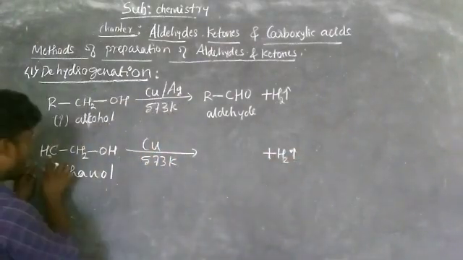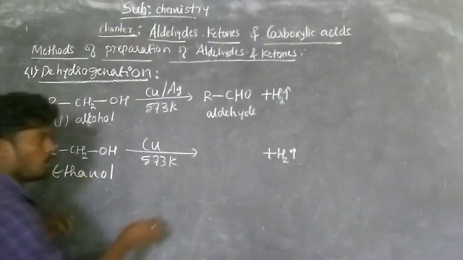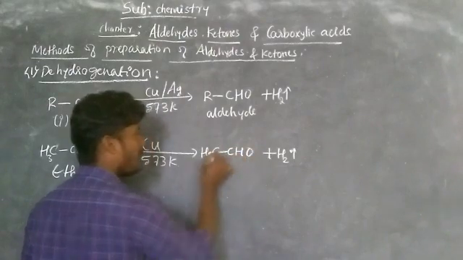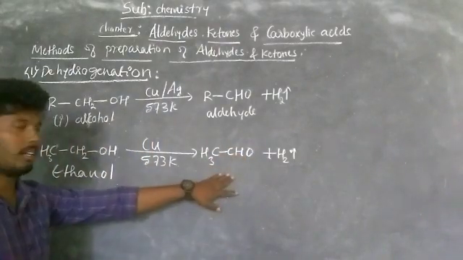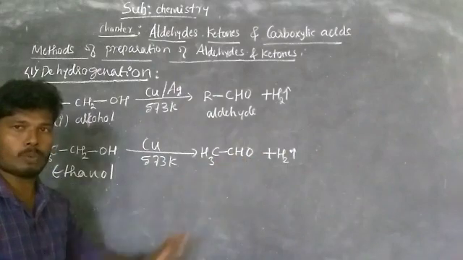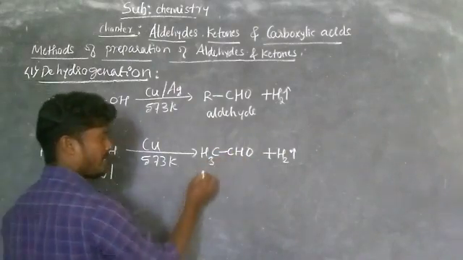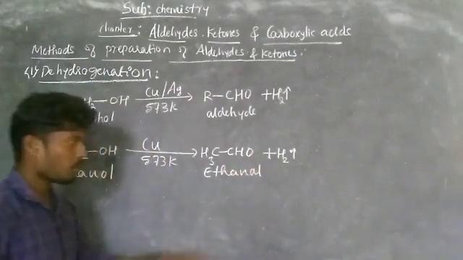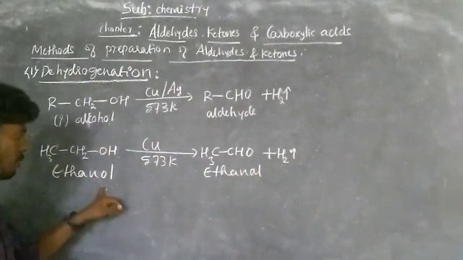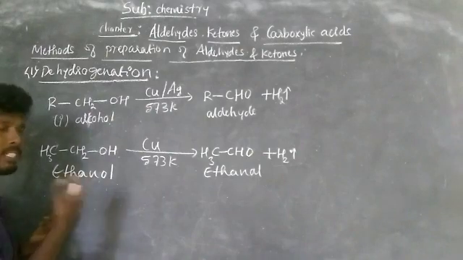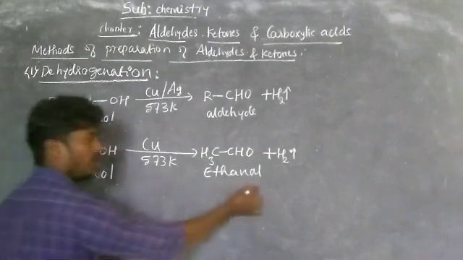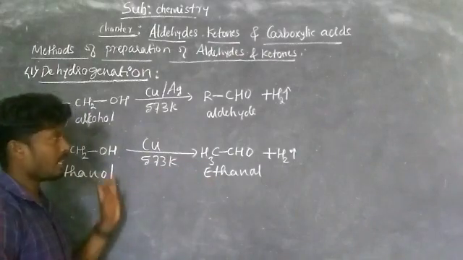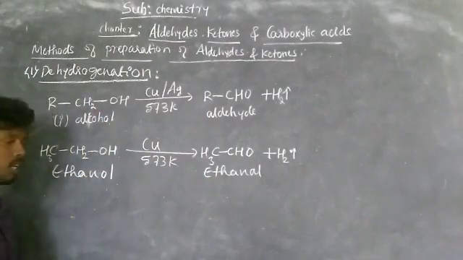And the remaining is CH3 CHO. Right? CH3 CHO. So what is its name? This is an aldehyde because the functional group is CHO. Now two carbons are there and its name is ethanal, AL. So this is the aldehyde suffix and this is the alcohol suffix. So simple, very easy. That is OL to AL conversion. This is one of the oxidation processes that we call dehydrogenation.